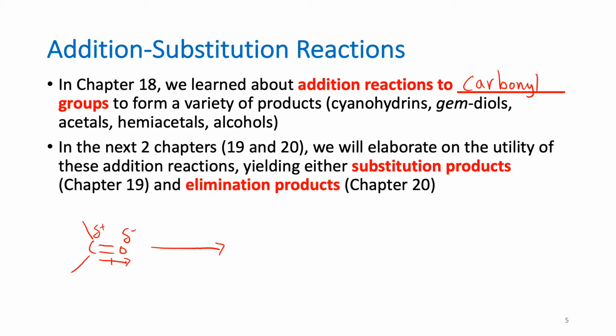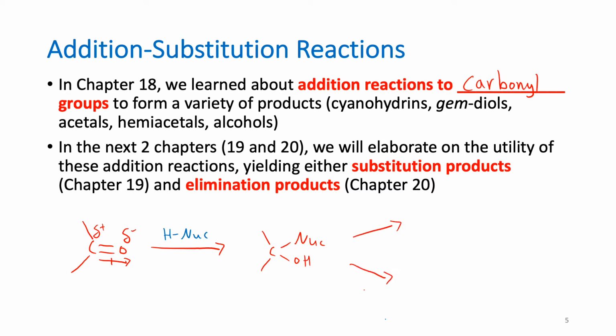If we were to react it with a nucleophile with an H, and from chapter 18 we discovered that such a reaction would give you a nucleophile attached here and an OH, right?